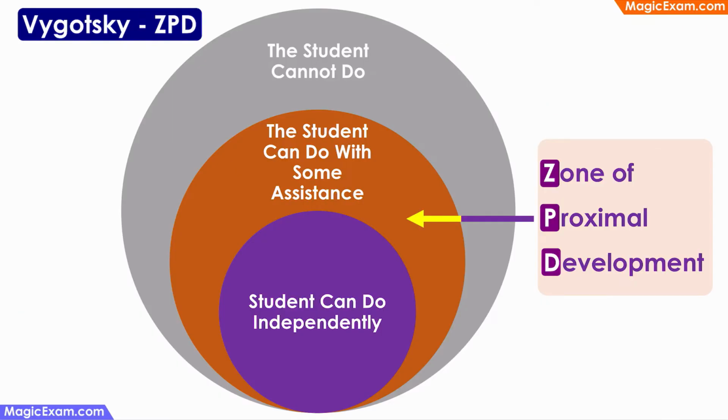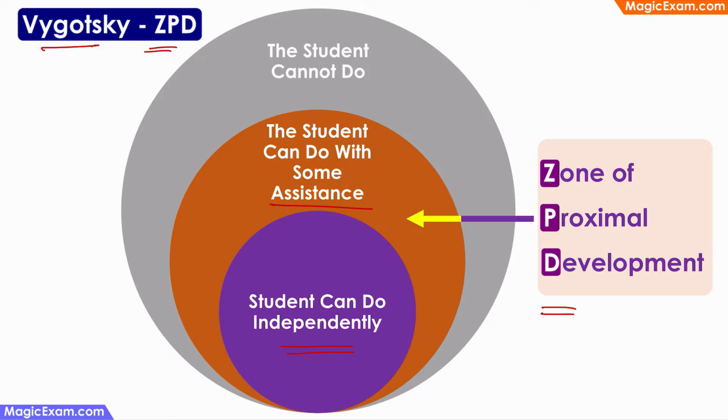The next important concept in Vygotsky's theory is ZPD, or zone of proximal development. Now, zone of proximal development consists of those activities that the student can do, but with some assistance. That is, there will be some activities that the student can do completely independently. They have already gained expertise in these activities.